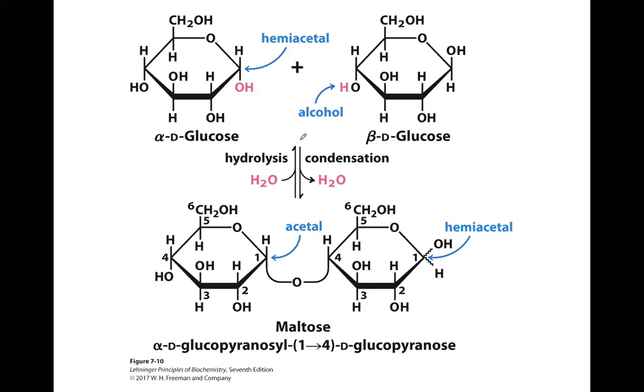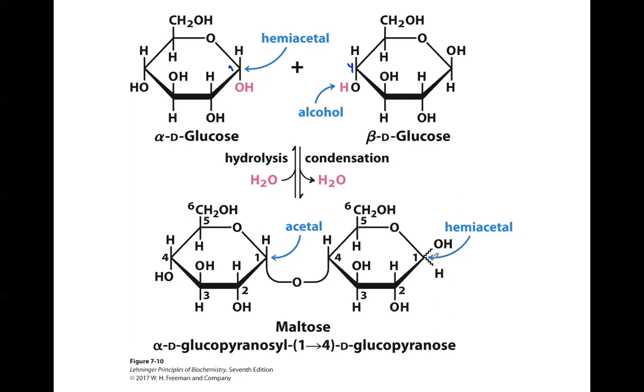When they react with each other to form an acetal now, you can see here, this is carbon 1 of one glucose, and this glucose will form the acetal with carbon 4. This was carbon 4 right there. So this was carbon 1. Carbon 1 will react with carbon 4 to form the full acetal linkage, right?